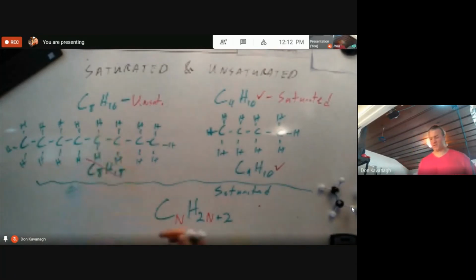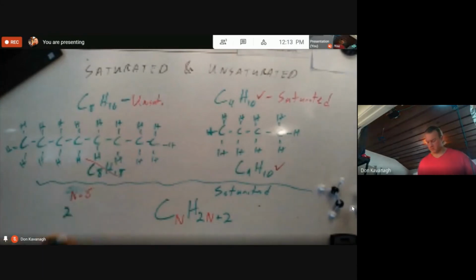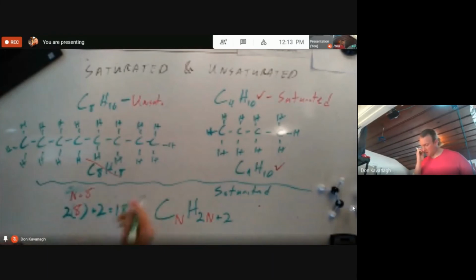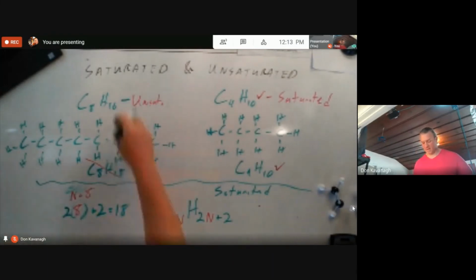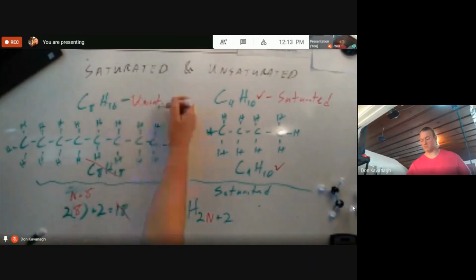So in this formula here, C8H16, n equals 8. So 2 times 8 plus 2 equals 18. Again, that doesn't match our formula, so this confirms mathematically that this is unsaturated.